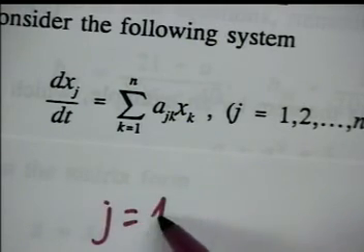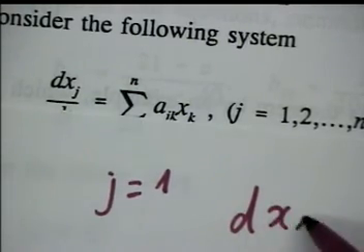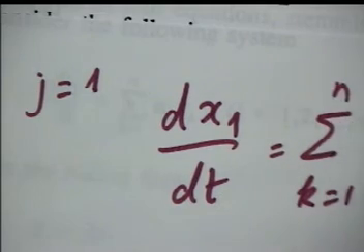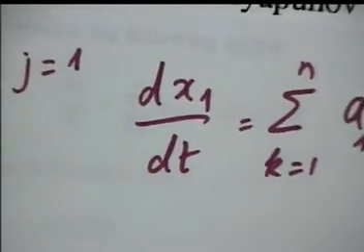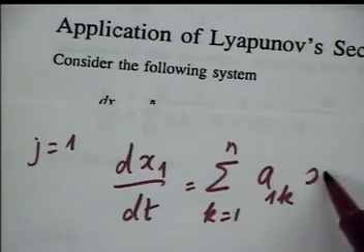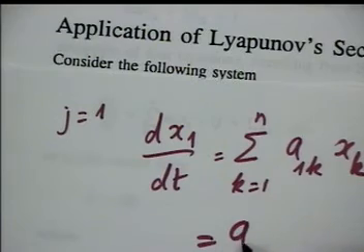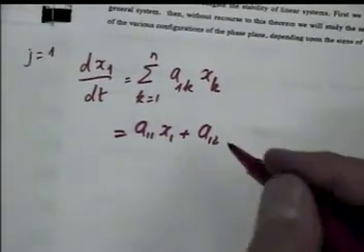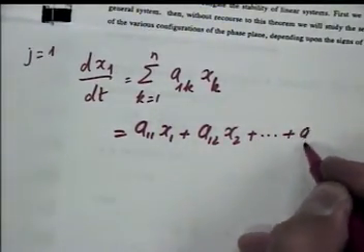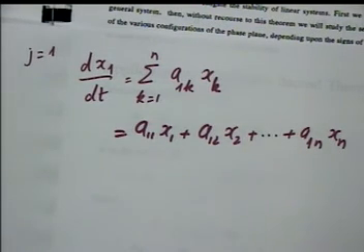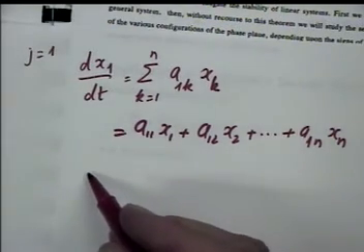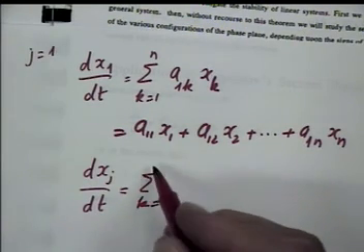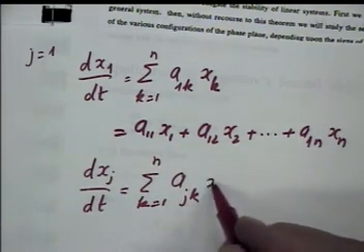Say if j equals 1, then we have dx1 dt equals the sum over k from 1 to n of a1k xk, and that equals a11 x1 plus a12 x2 plus and so on up to a1n xn, etc. So we write dxj dt equals the sum over k from 1 to n of ajk xk.